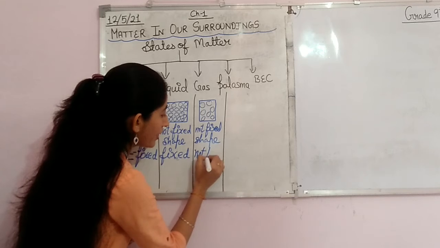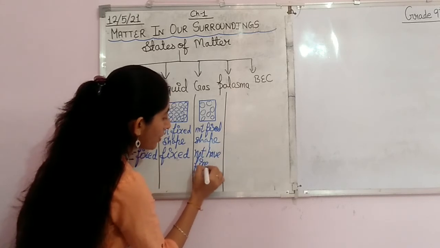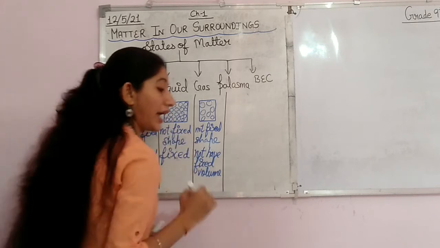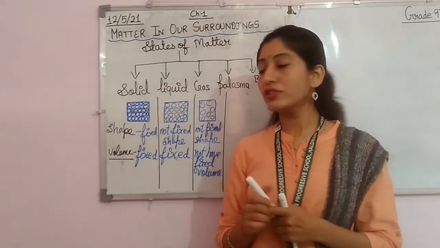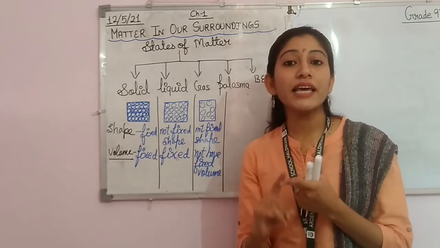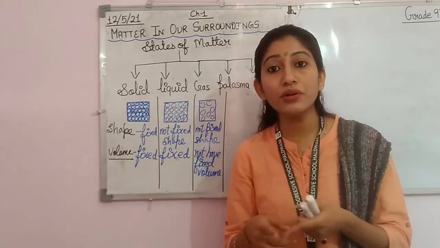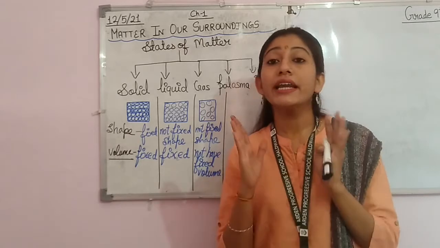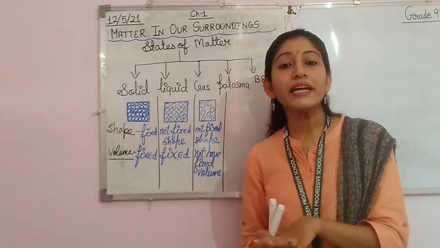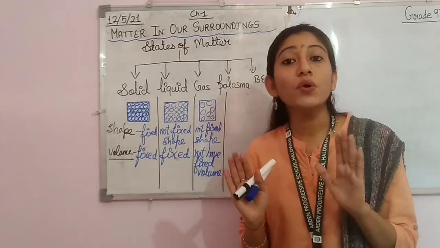You know about the shape also: gases do not have a fixed shape, because you fill the same gas in a round balloon, in a hard balloon, and in a teddy bear shaped balloon. Everywhere the balloons are filled completely, which means gases do not have their own shape.